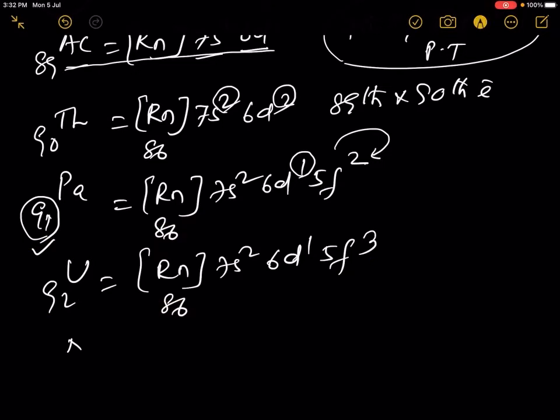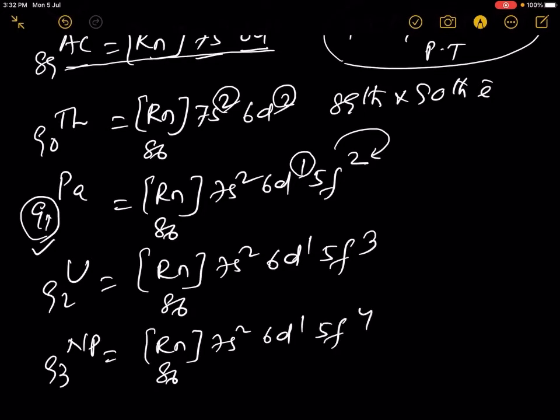Then neptunium 93, Rn at the core, 7s2, 6d1, 5f4.